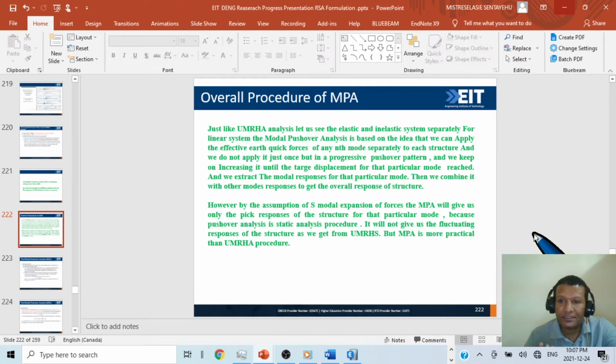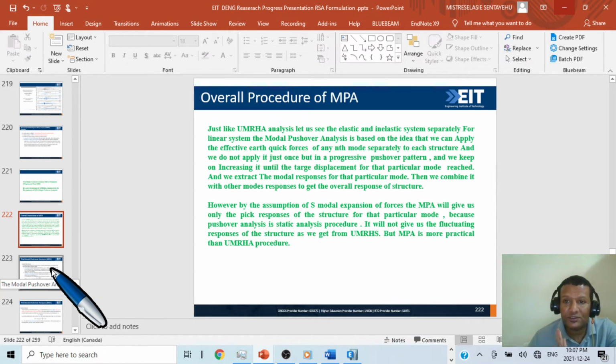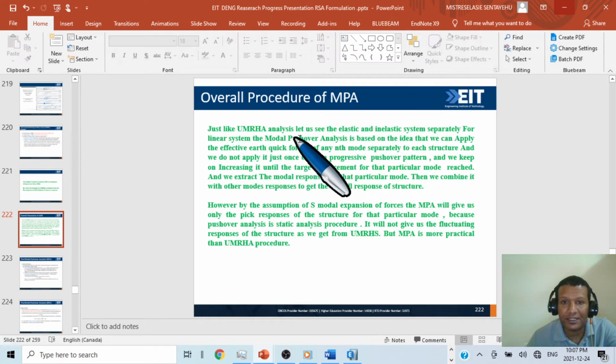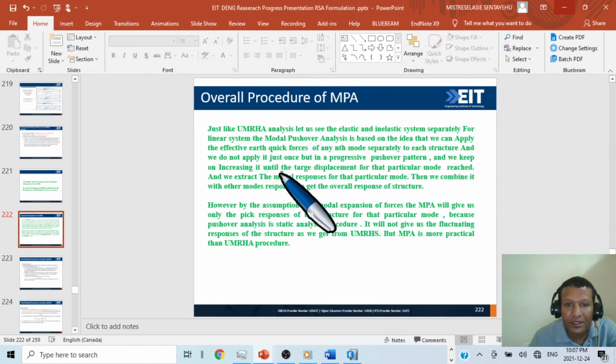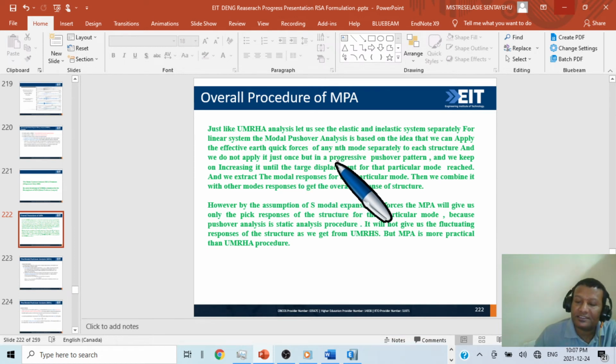So the only difference, now it is clear: the forces we apply, the modes we apply, are applied progressively. That is the only difference. For a linear system, the modal pushover analysis is based on the idea that we can apply the effective earthquake force for any nth mode separately to each structure, and we don't apply it just once but progressively.